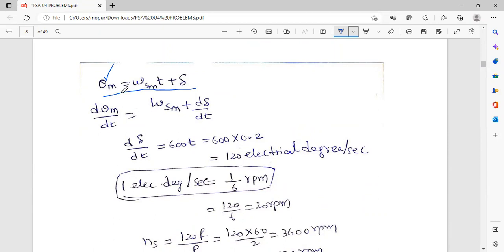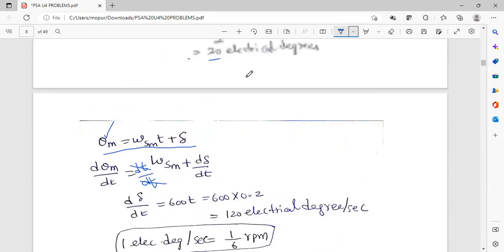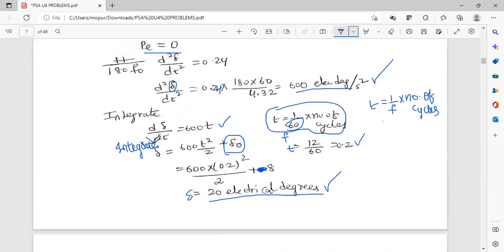If we differentiate this with respect to t, d theta m by dt is equal to omega sm, since the t gets cancelled, plus d del by dt. Now we know that d square del by dt square is 600, so d del by dt is equals to 600t.